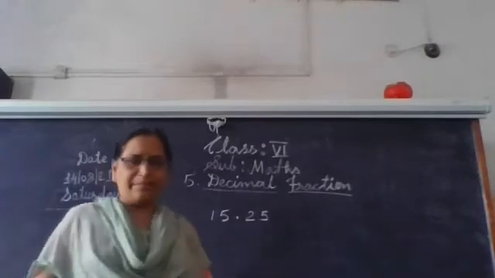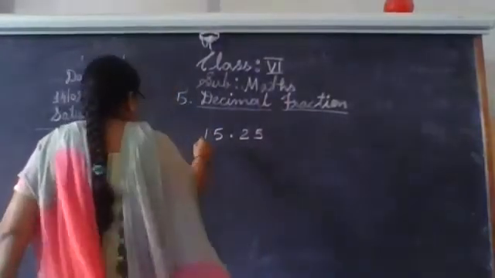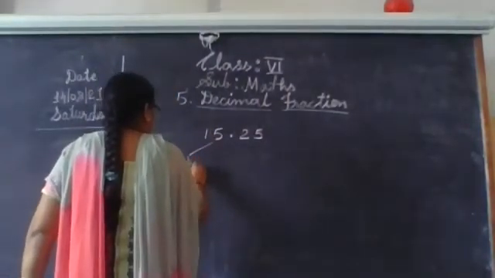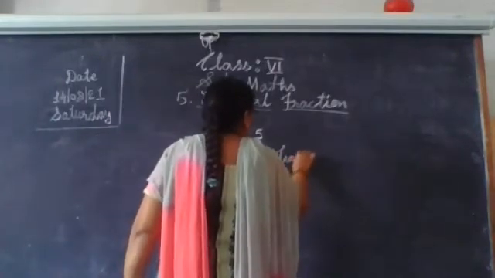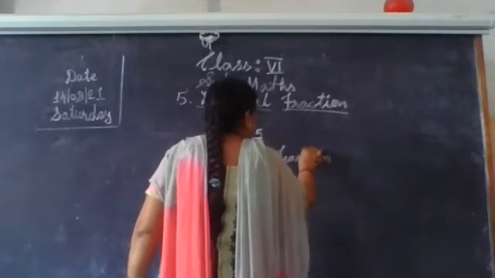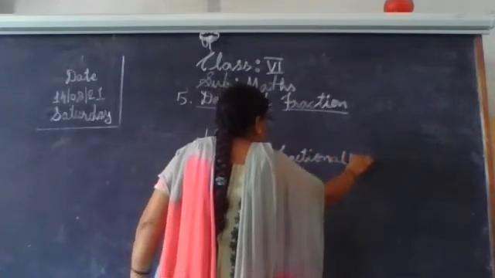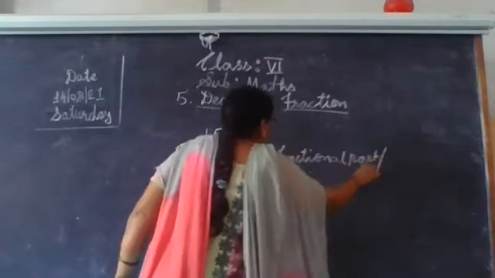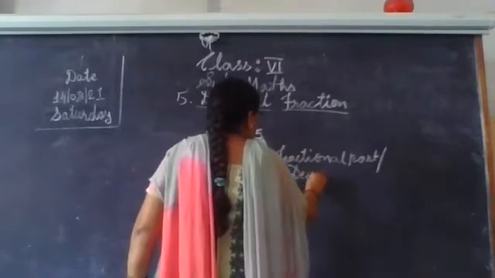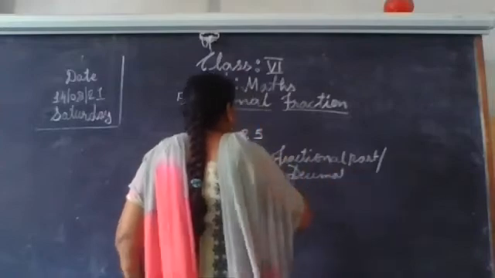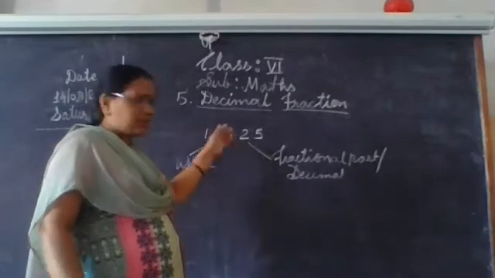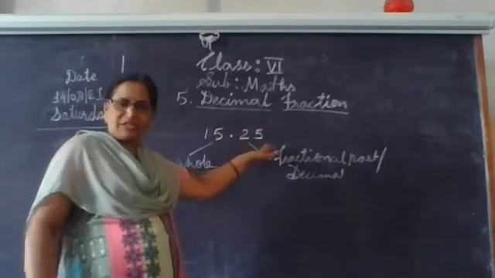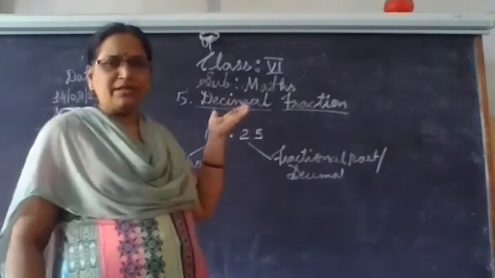Okay, so it is a decimal number where 15 is the whole number, and 25 is the fractional part, or you can say the decimal part. And this point is the separation between the whole number and the fractional part.